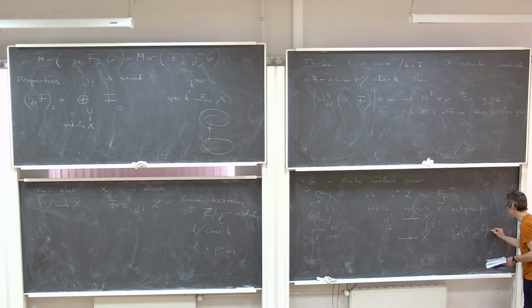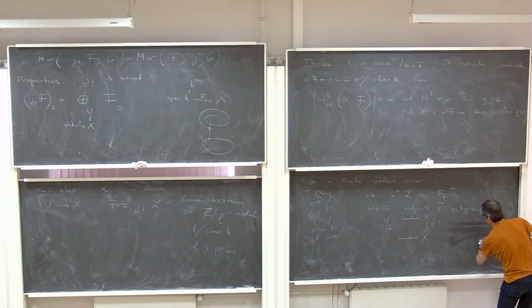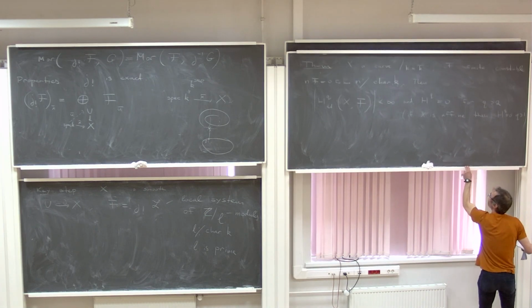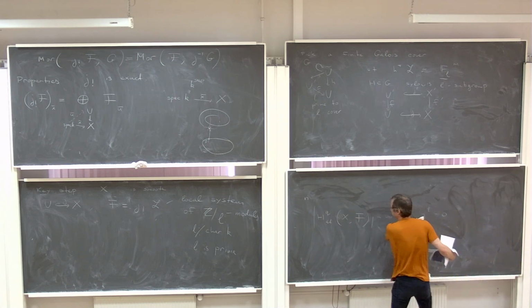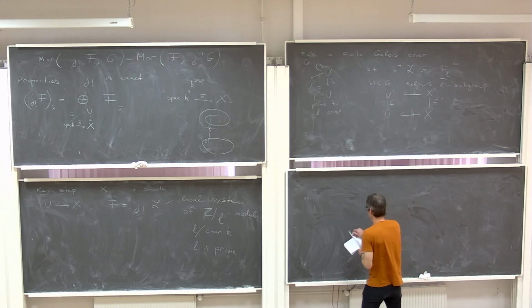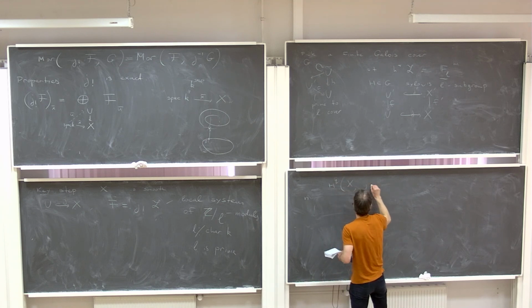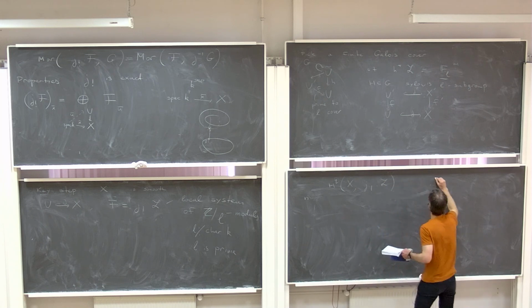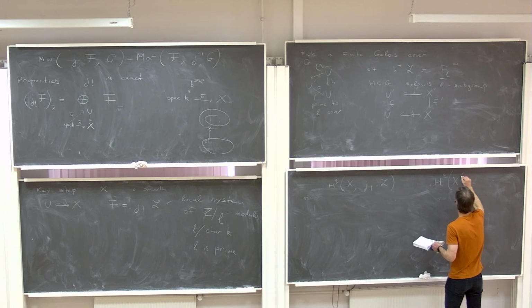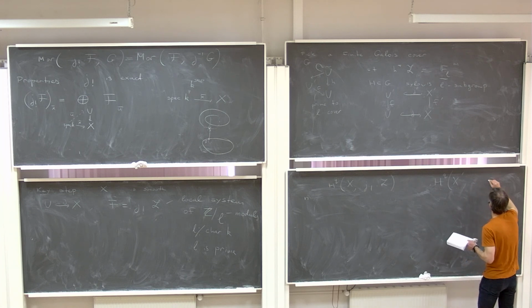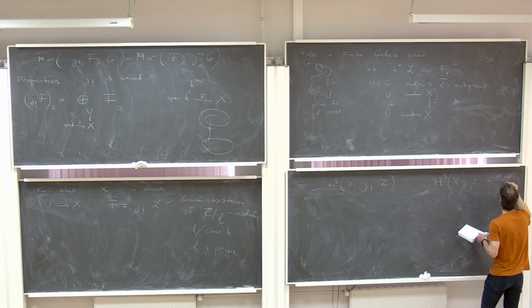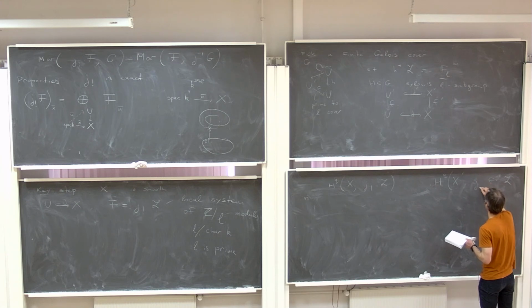And I claim that this group embeds into H^1 étale of X with coefficients in j_! of L, and I want to embed it into H^1 of X prime with coefficients in the pullback F^{-1} of L, and here I have j prime.